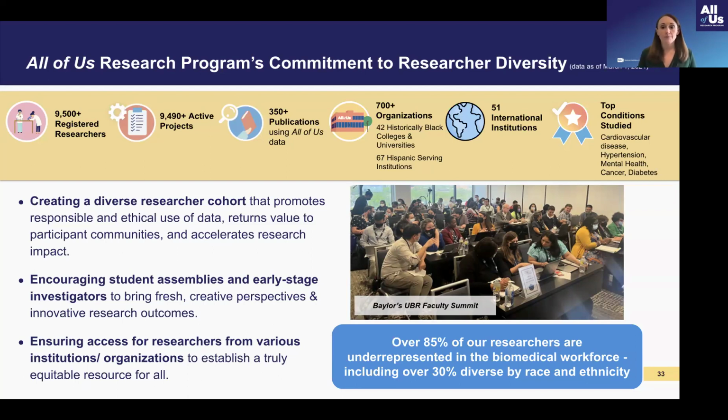And so part of that power of having everything on the cloud is that we're able to reach out to historically Black colleges and universities, minority serving institutions, high schoolers, and undergraduate programs, where it wasn't really possible because of the amount of compute power you needed to get some of these genomics and other big data sets into what you were doing. We've had over 350 publications already using the data.